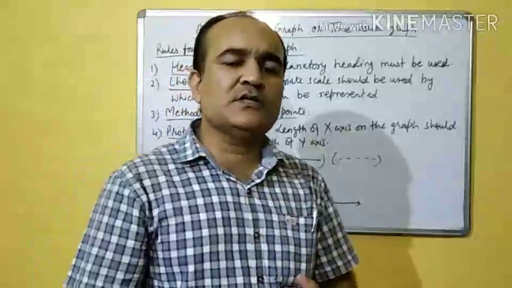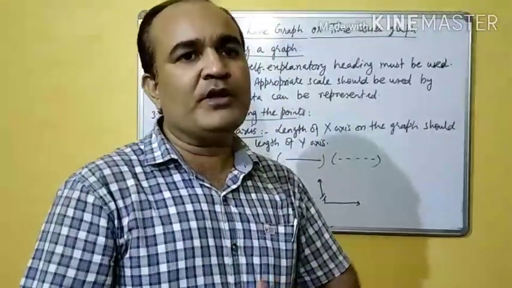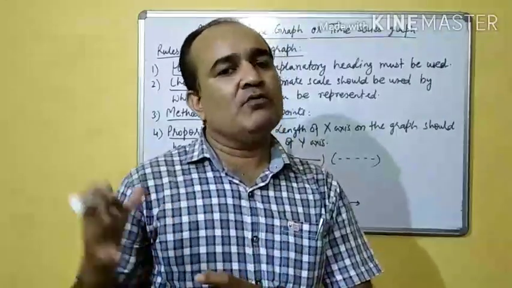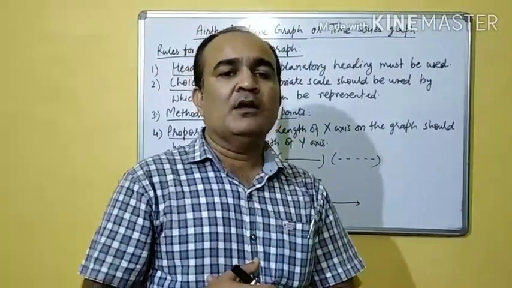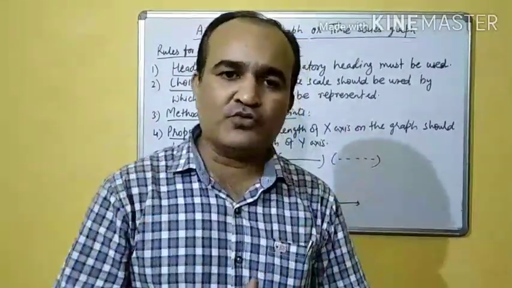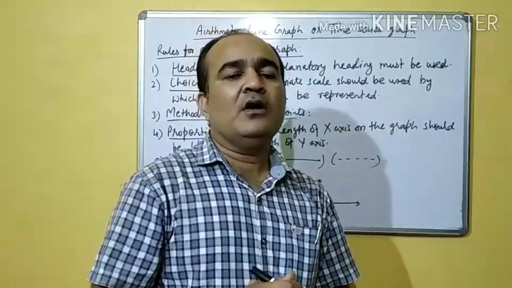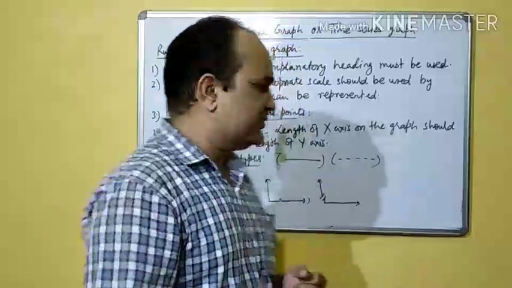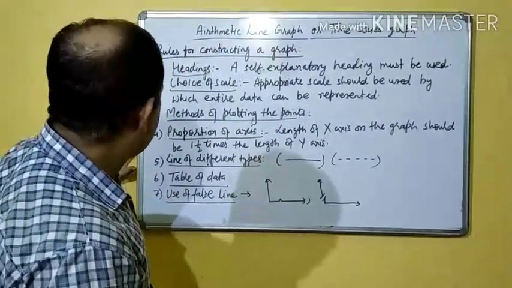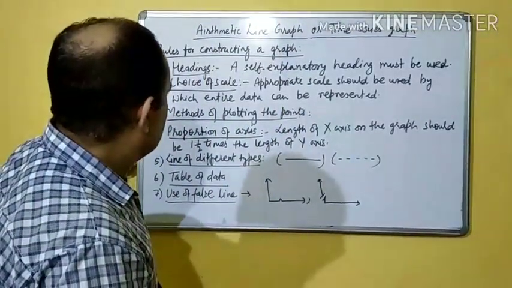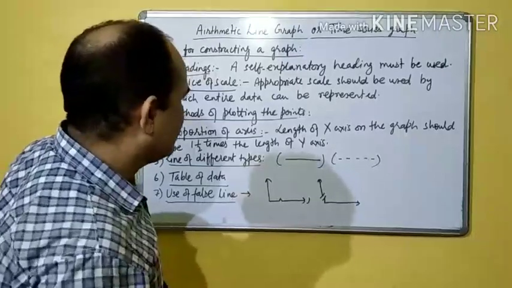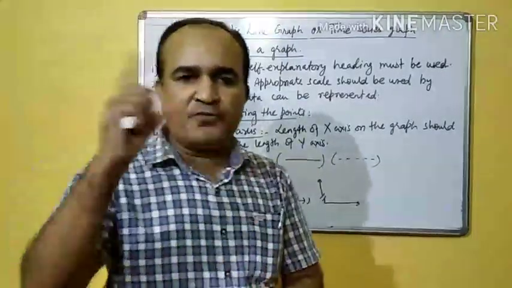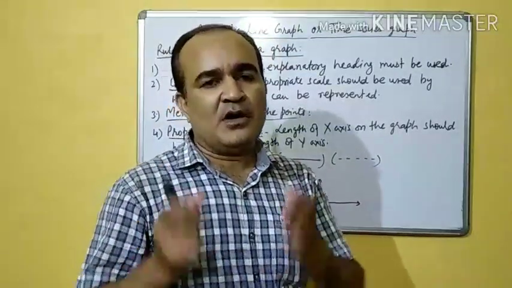Here students, the length of X axis should be 1.5 times more than Y axis. This is not a hard and fast rule, but if you are following this, the graph will be more appropriate. The next rule says we can use different formats of a line to show the different curves of a graph.